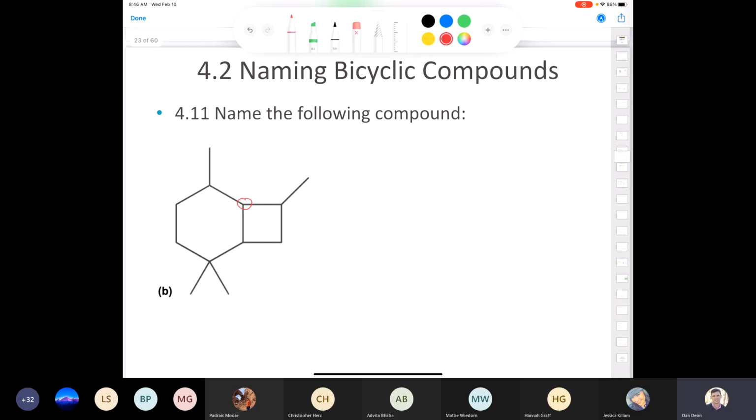If we start at the bridgeheads, we have a bridgehead here, and we have a bridgehead here. If I color code them, could anybody tell me, should I start numbering at the one in red or the one in blue, following the rules that we looked at in the previous slide? Blue. I'm going to start at the one in blue. Exactly, because here's the longest bridge, right? I'm going to go this way. I'm going to go 1, 2, 3, 4, 5, right?